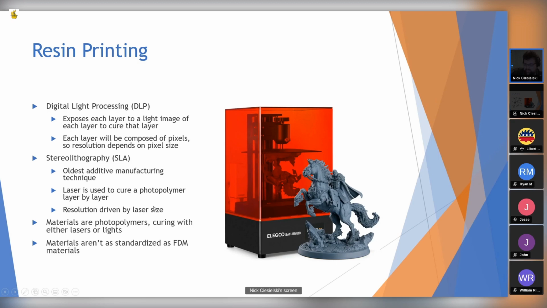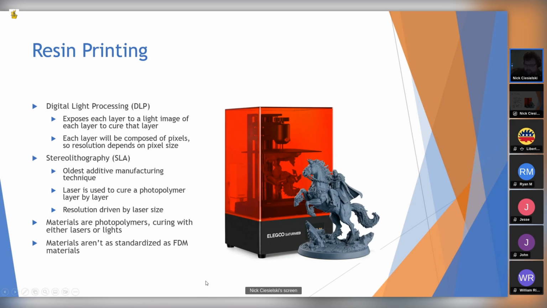I don't have one of these. I haven't really played with it. Stereolithography, SLA, is actually the oldest technique for this, and it cures this resin with a laser versus curing it with a light. The materials aren't as standard as FDM. They're kind of held secret by the companies that make it.